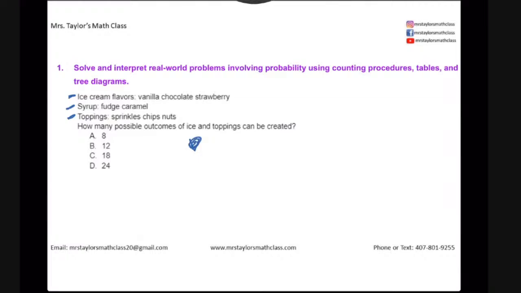Let me show you the counting procedure. So we have 3 choices here, 2 choices here, and 3 choices here. When you're doing the counting procedures, you just multiply it together. So it'd be 3 times 2 times 3. That's going to get you 6 times 3, which is 18 different possible outcomes.